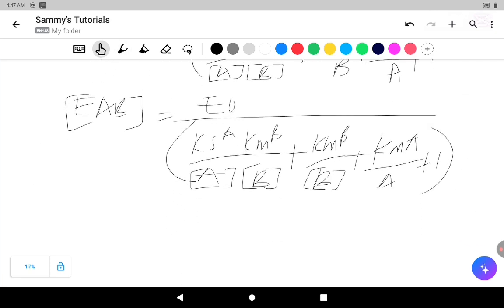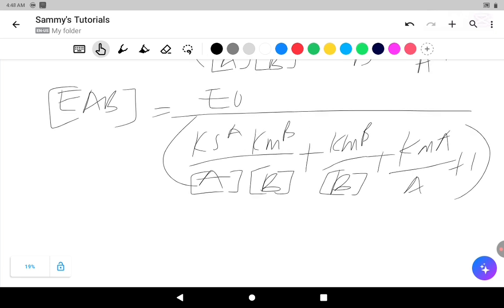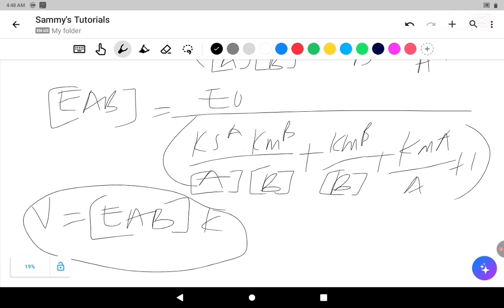Hope you are following. This is what you have. Now, how do we proceed from here? So the next thing for us to do is this. Okay, now that you have gotten this, we go back to the second reference equation I wrote down before we got here. The second reference equation is what? We said that we have V equals to EAB times K. To resolve this, we want to make EAB the subject of formula in this reference equation.